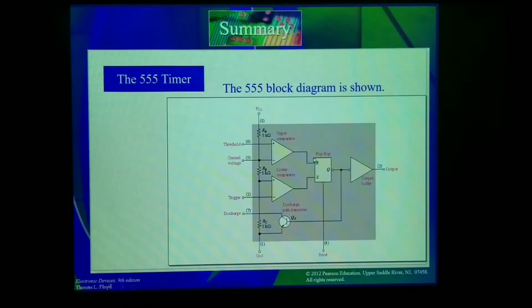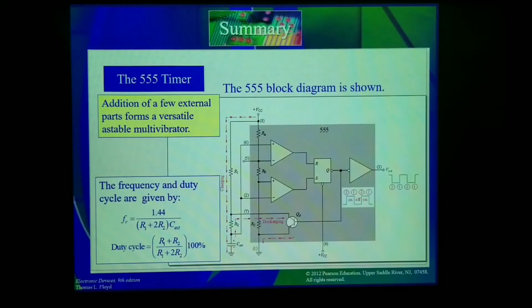You can find the formulas for that on slide 29, where we find the frequency formula here and the duty cycle formula here.